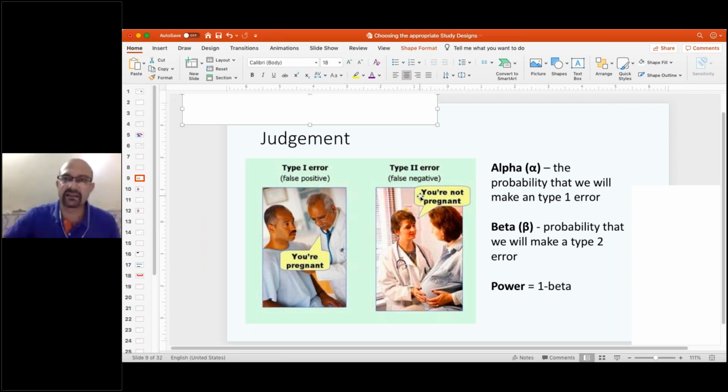Alpha is nothing but the probability that we will make a type 1 error, and beta is just the probability that we will make a type 2 error, in which we would tell a pregnant woman that she's not pregnant. If you internalize this particular slide, you would easily be able to identify a type 1 error, which is false positive, and a type 2 error, which is a false negative, by recollecting this picture whenever you are in doubt.